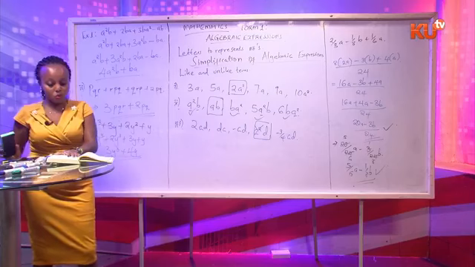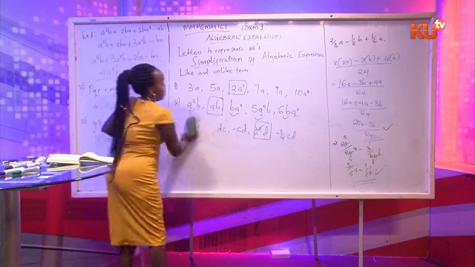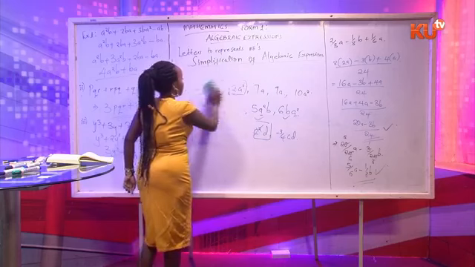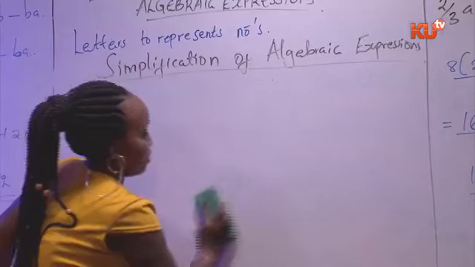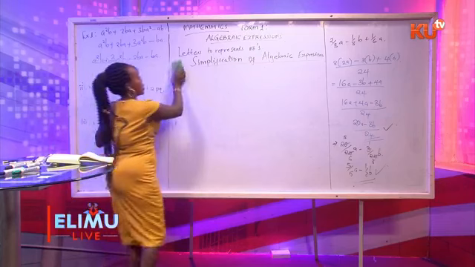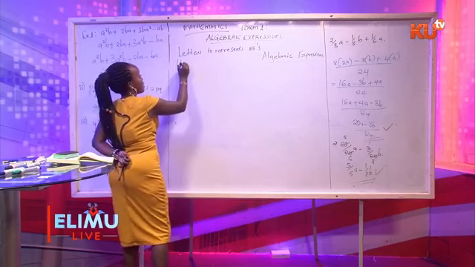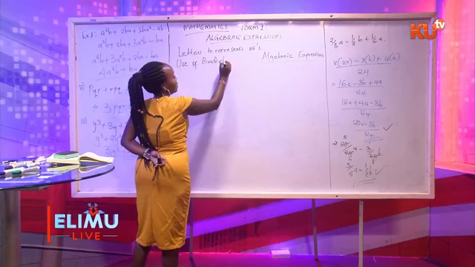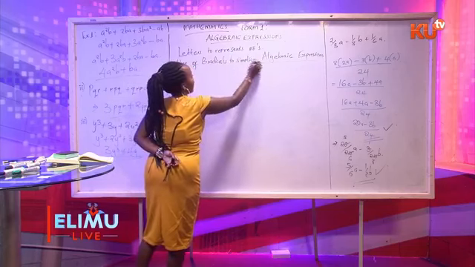So I want us now to look at how we solve algebraic expressions using brackets. Having known how to simplify brackets will be much easier, and they simplify your work. So, use of brackets to simplify algebraic expressions.